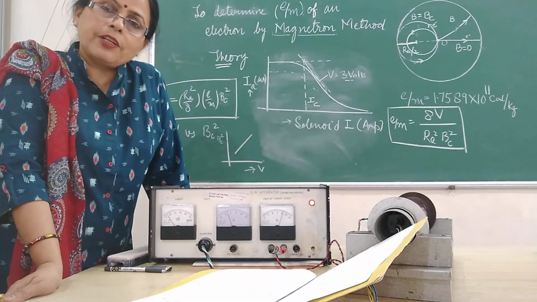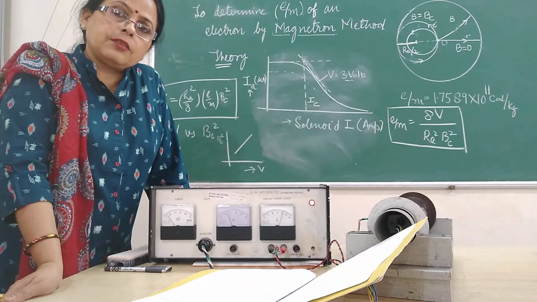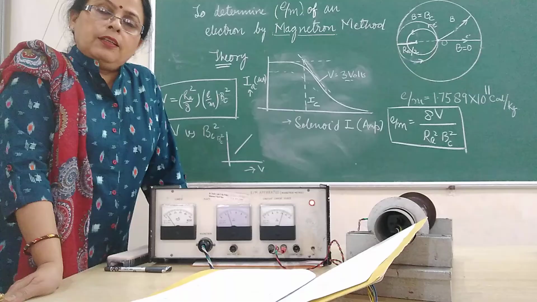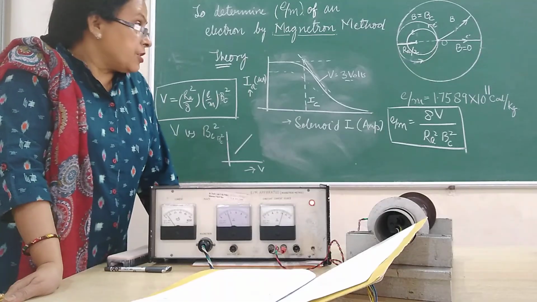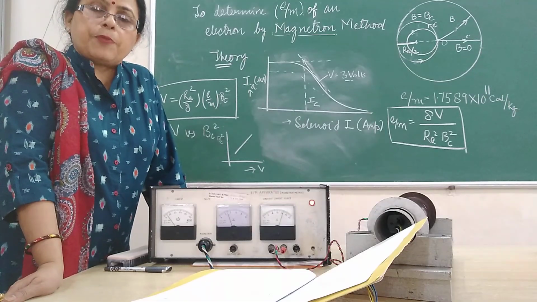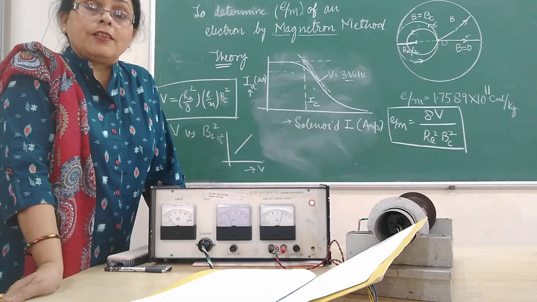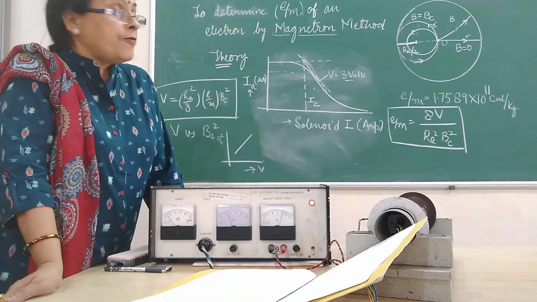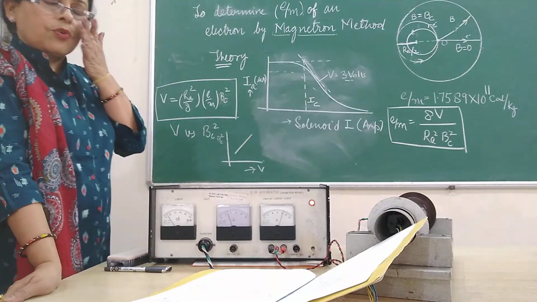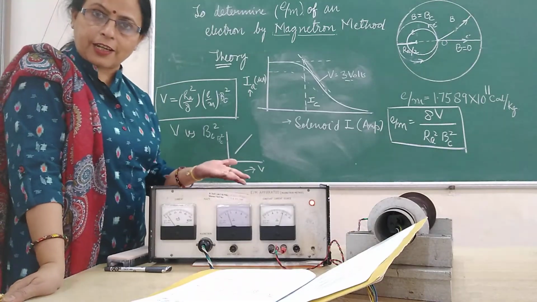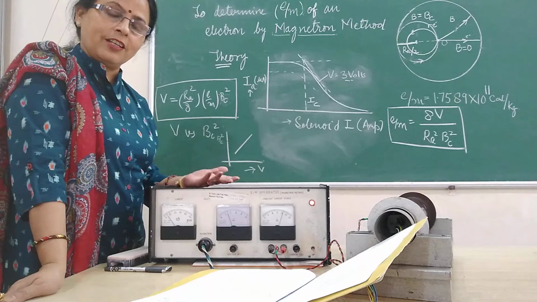The graph should be drawn carefully with a free hand, and the tangent should be drawn perfectly to get the IC, because IC affects it a lot, since it comes in terms of a square. So this can generate double the error.